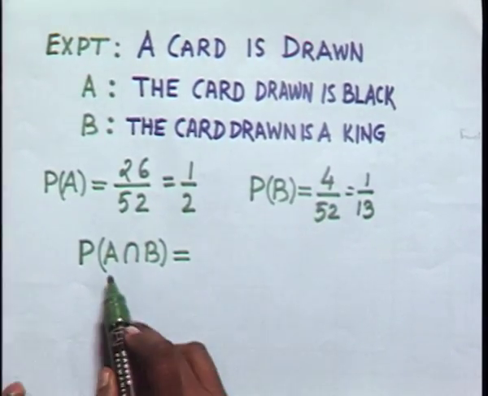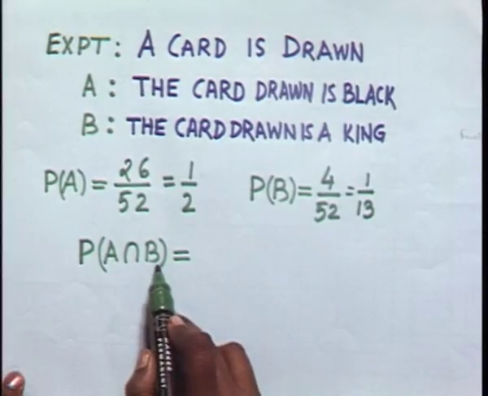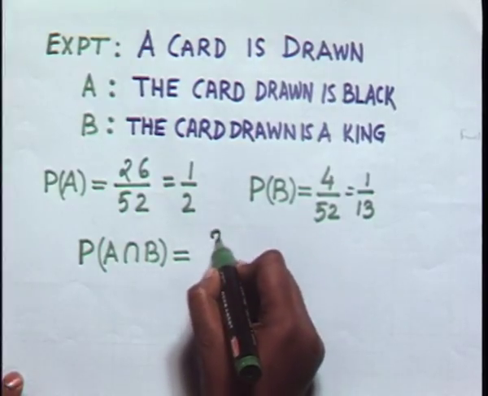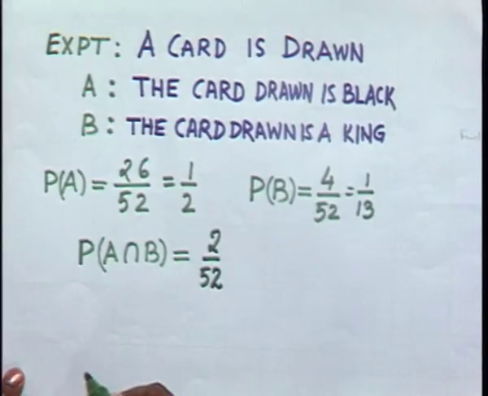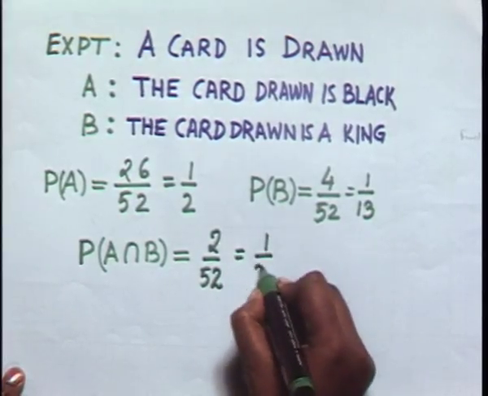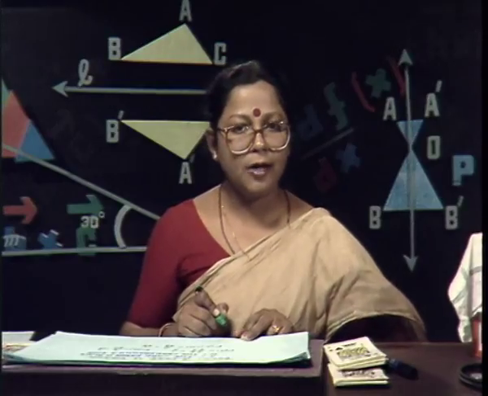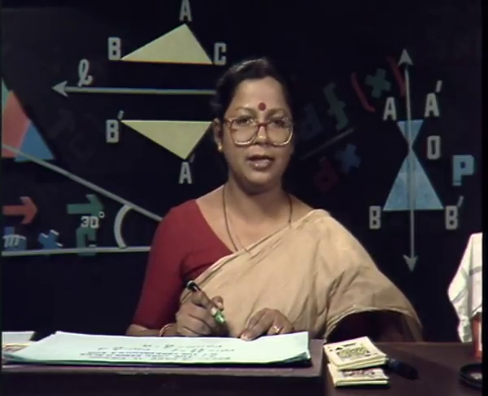Also, probability of event A and B, that is a black card which is also a king, will be equal to 2 upon 52, since there are 2 black cards which are also king. This is equal to 1 upon 26. Now, suppose we have to find out the probability of event A when event B has already occurred.